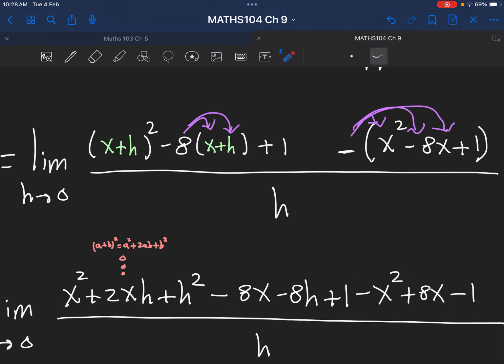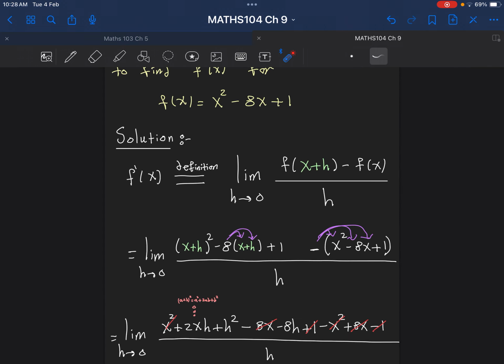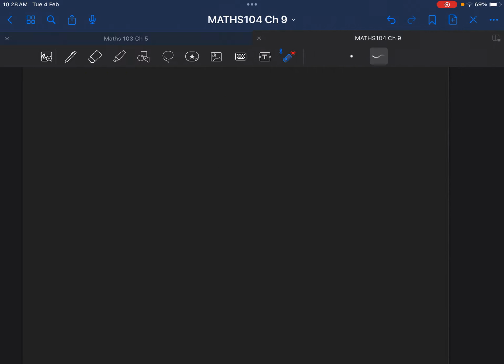That's a very good, useful cancellation. Let me cancel it here in front of you. X squared with x squared, negative 8 plus 8, plus 1, negative 1. So what is surviving here is this, this, and this. Let's go to the next page, write them down, and continue solving the question.